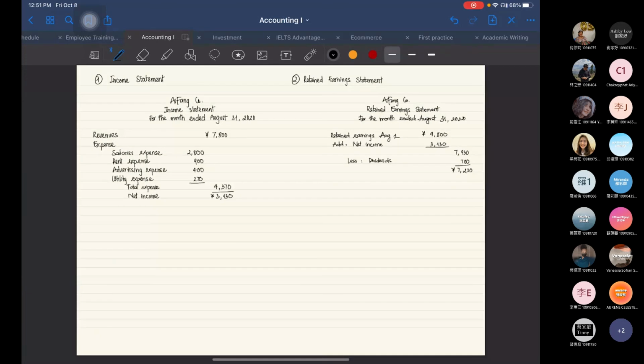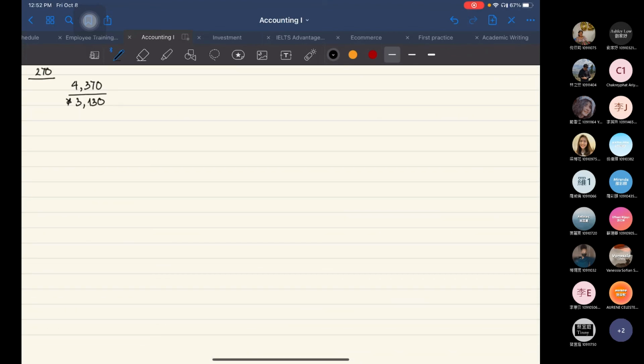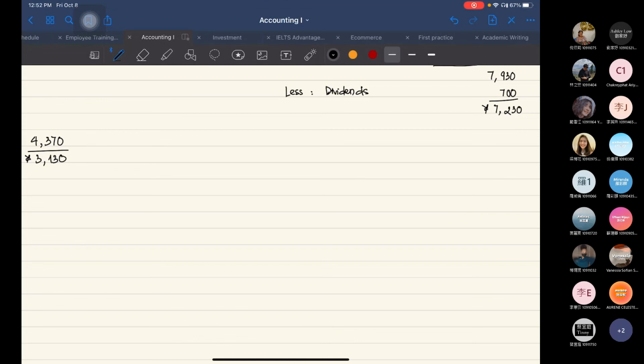Any question about these two? If you don't have any question, I'm going to move to number 3. Okay, number 3 is important, so I'm going to highlight it. Assessment of financial position.